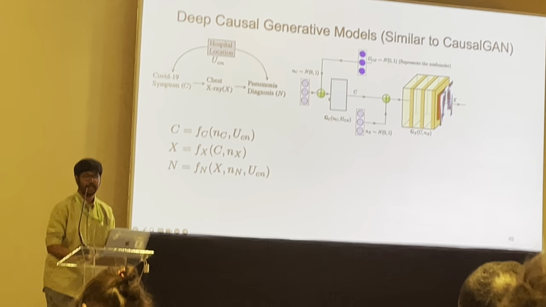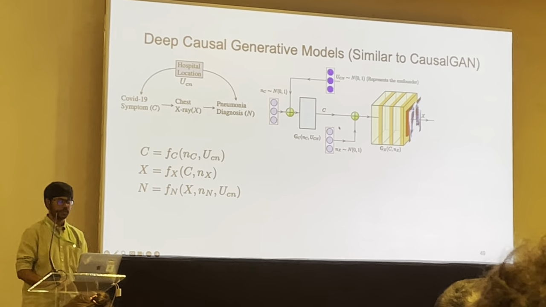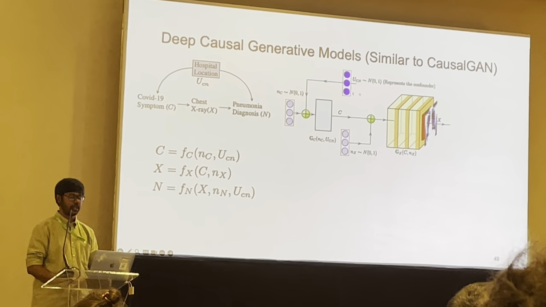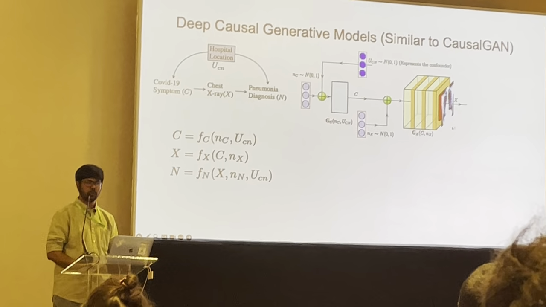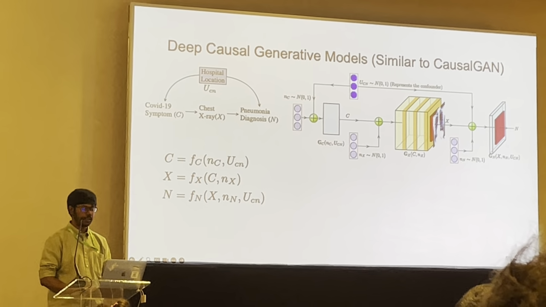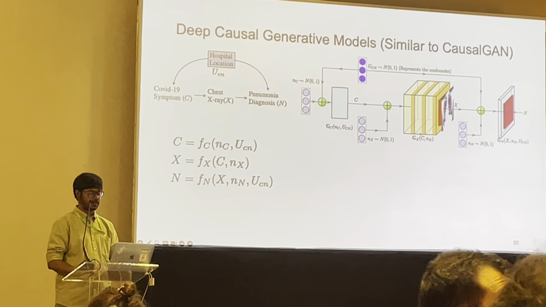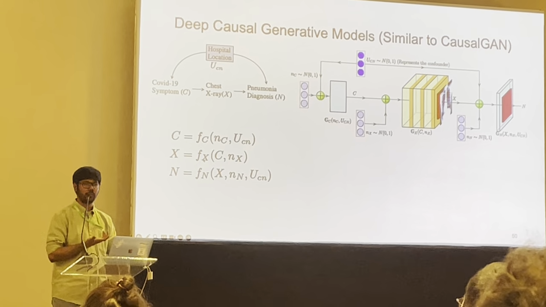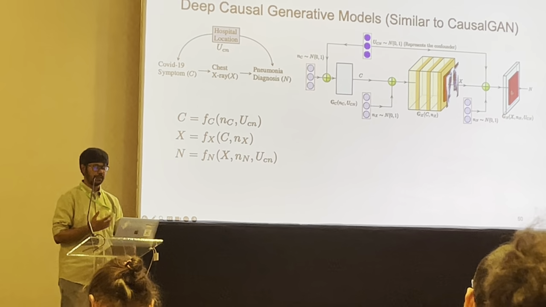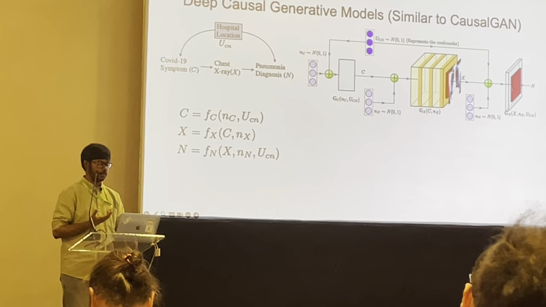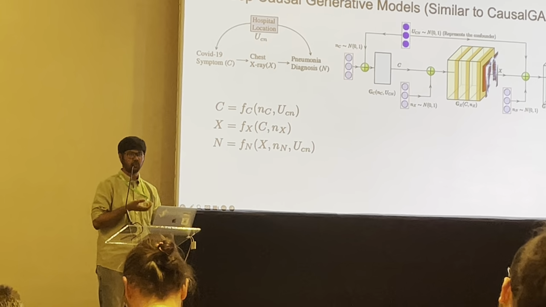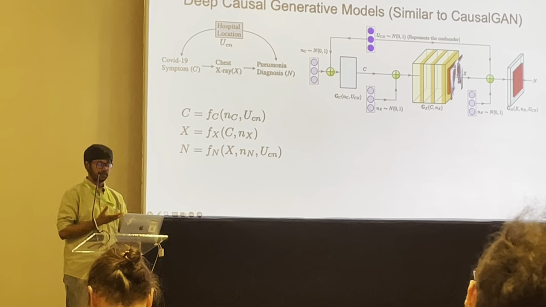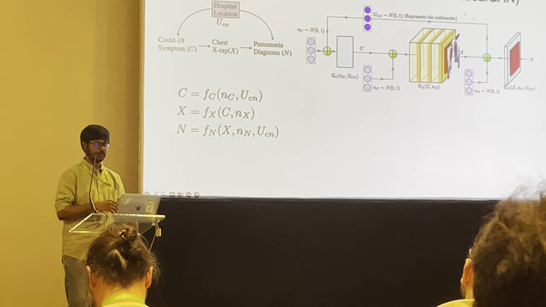Next, since X is a high dimensional variable like an X-ray image, we use a convolutional neural network that takes this COVID value and also some noise to generate the corresponding X-ray image. And this G_X will try to mimic f of x. And finally, we have G_M, that is how the pneumonia prediction will be done from this X-ray image and also some confounding noise.